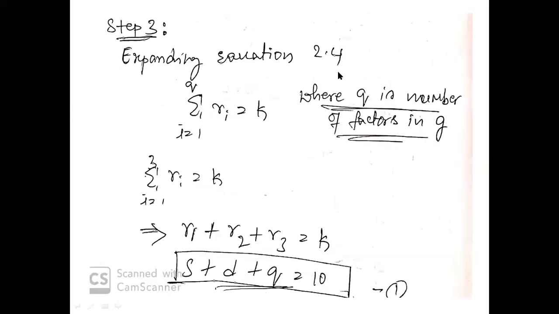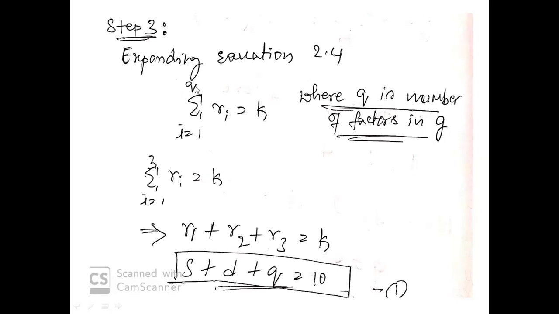As you can see from equation 2.4, if you expand it, it will be r1 plus r2 plus r3. The q that we are taking in this case is 3, the number of factors of G. If you expand ri in the range of 1 to 3, because q is 3, the total factors of 4 are 1, 2 and 4.